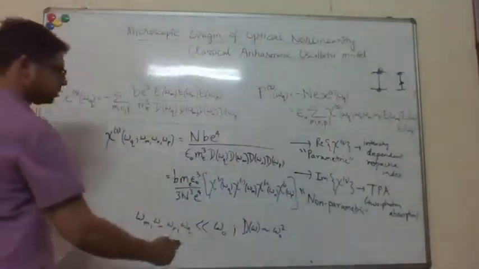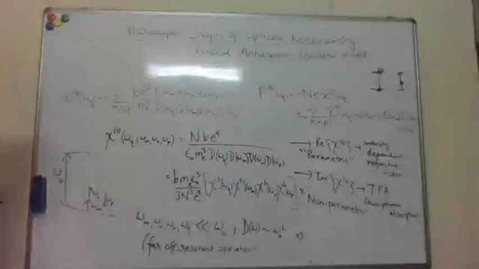Right, so in this regime basically, this is far off resonant operation, right? So again, let's say the material has some resonant frequency omega naught. All my fields omega n, omega m, omega p, etc. are all far away from the resonance.